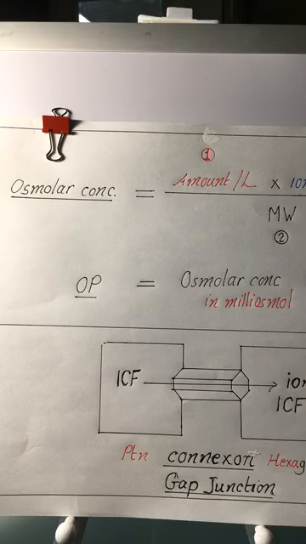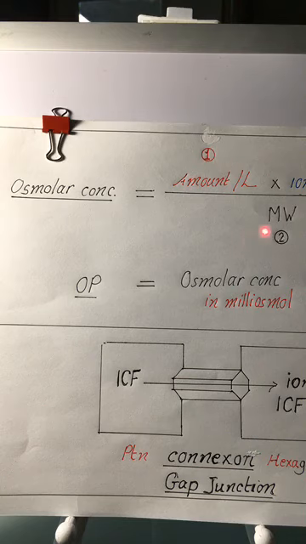You know that every mole gives 1 osmole if the substance is not ionizable. So if the substance is not ionizable, divide this amount per liter by the molecular weight of the substance to know how many molecular weights we have. I'll give you an example: 360 milligrams of glucose.